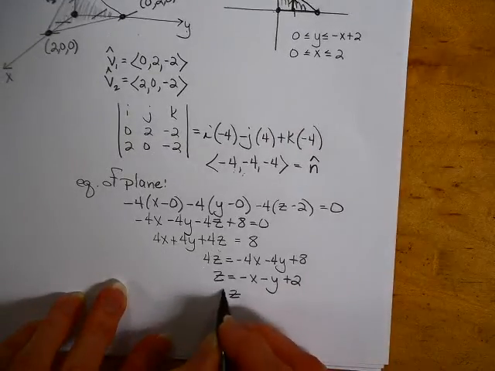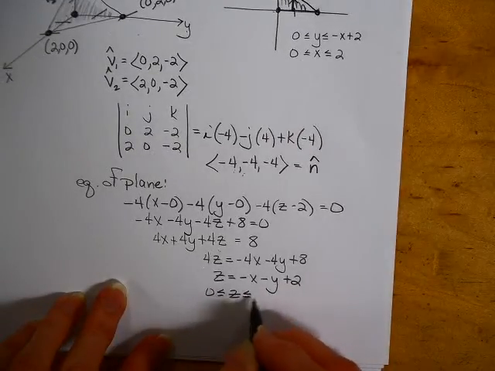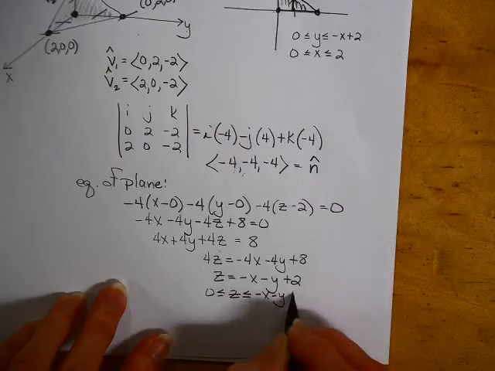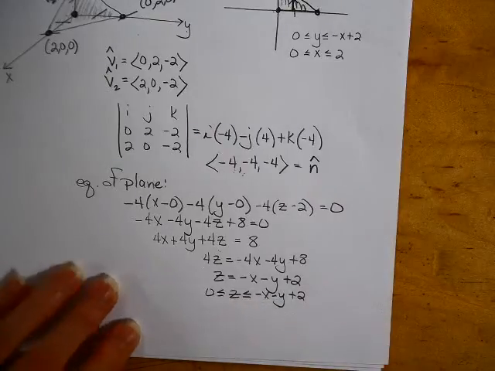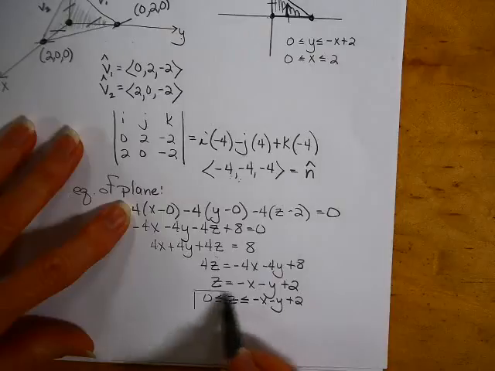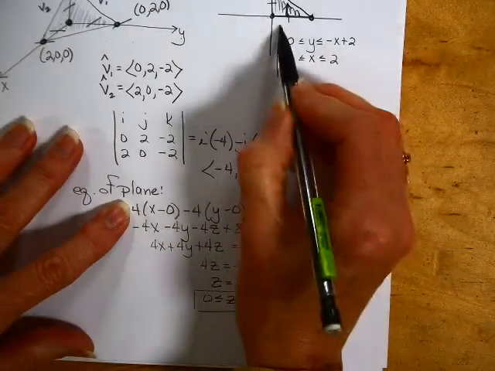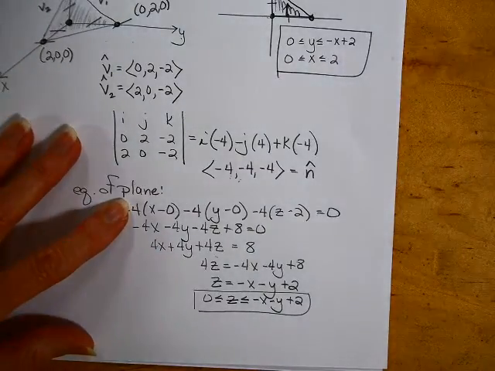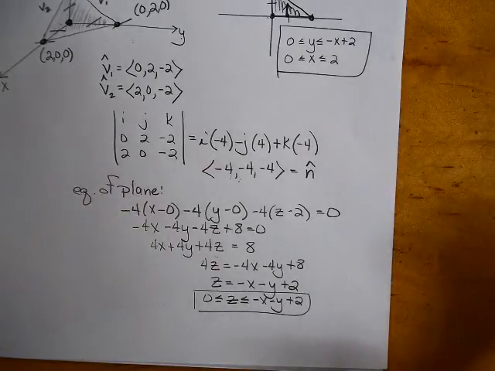So my z's are going to range from 0 to negative x minus y plus 2. So here are my limits of integration for z. Here are my limits of integration for x and y. Now I can set up my integral. Are y'all all with me?